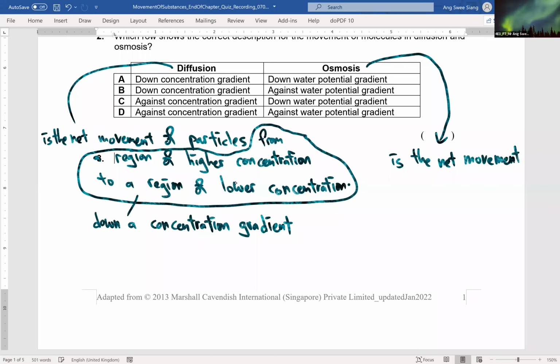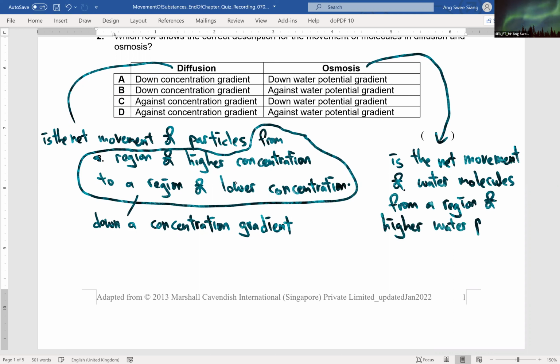So osmosis is the net movement of water molecules from a region of higher water potential to a region of lower water potential across a partially permeable membrane.